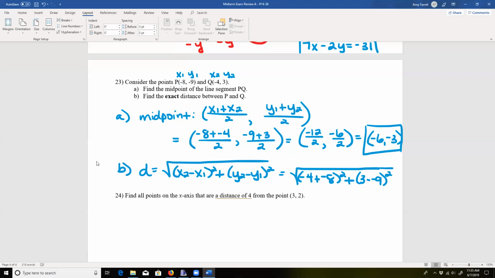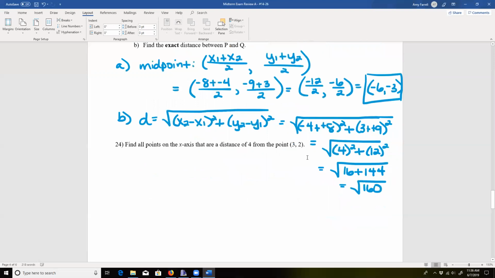Minus the negative, plus, plus, plus, plus. So we end up getting the square root of 4 squared plus 12 squared. And this would be the square root of 16 plus 144, which would be the square root of 160.